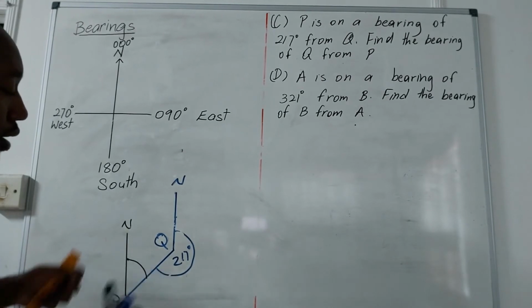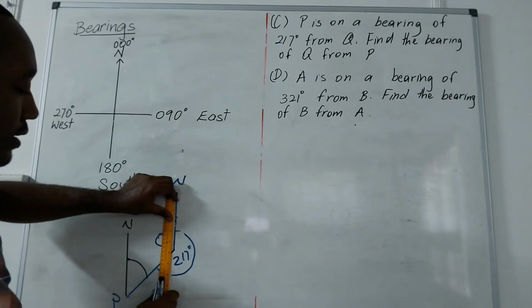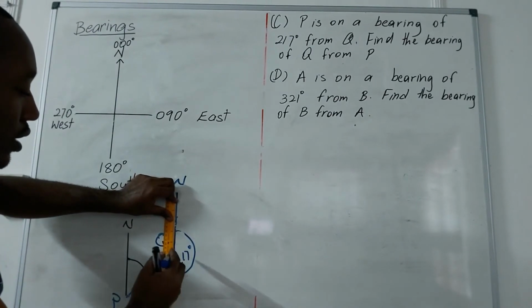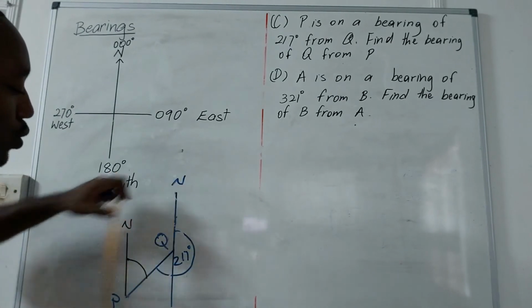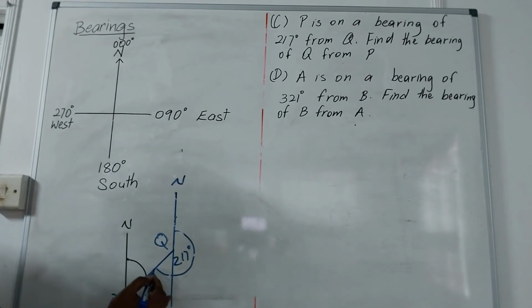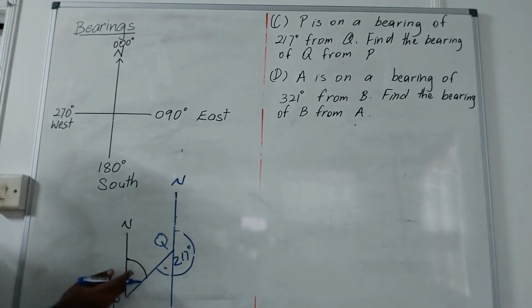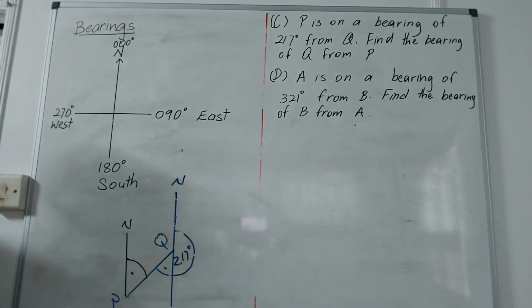Remember we said alternate angles are equal. So if we have 217 here, this angle here will be equal to this angle here. These two angles will be equal since they're alternate, or another term for it is Z angles.